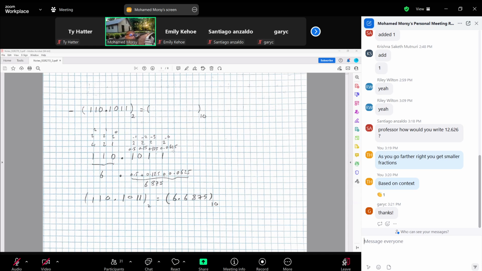Now put the weights after the point: 0.5, 0.25, 0.125, 0.0625. If we need more, we can use 2 to the power -5, so just divide 1 by 2 to the power 5. But we stop here because you have only 4 bits, so no need to put more weights.